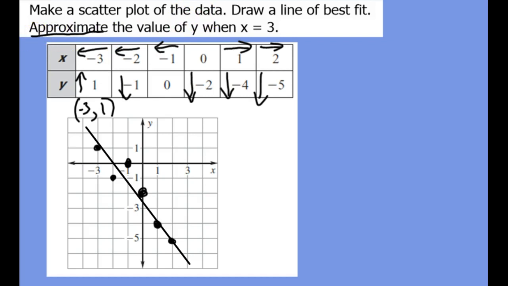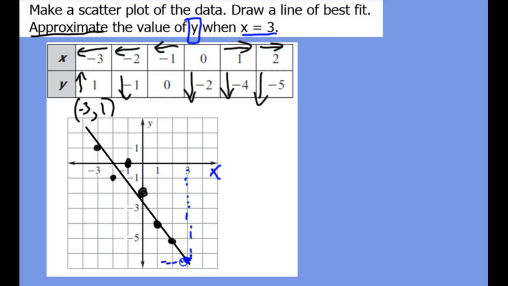Now it says approximate the value of y when x equals 3. So what we need to do is go over to 3. So 1, 2, 3 on the x-axis. Then we need to go down to find our line, because our line is below the 3. We're going to go down all the way till we get to our line, which is maybe about there.